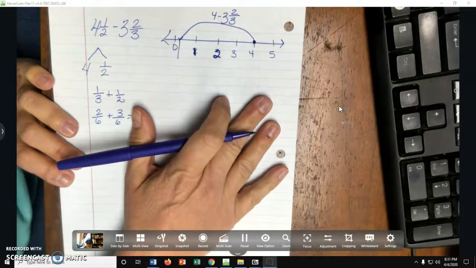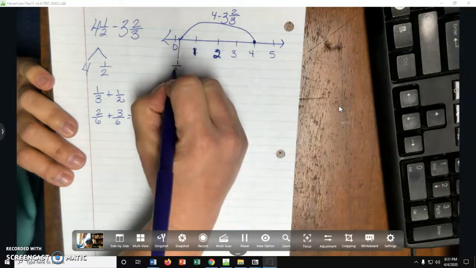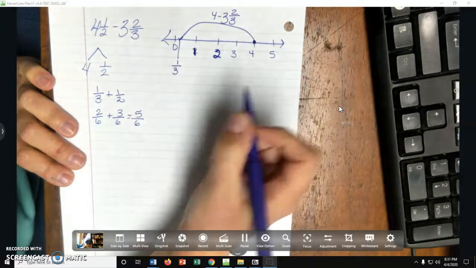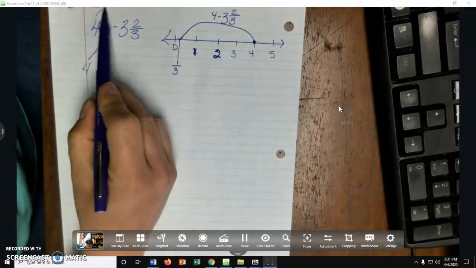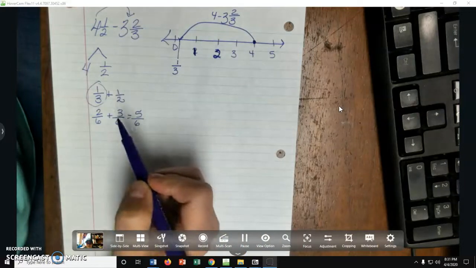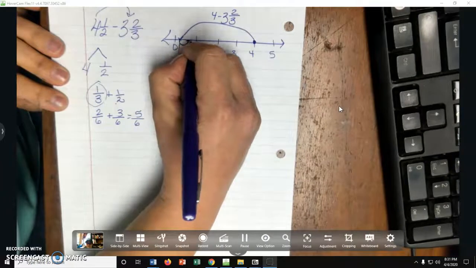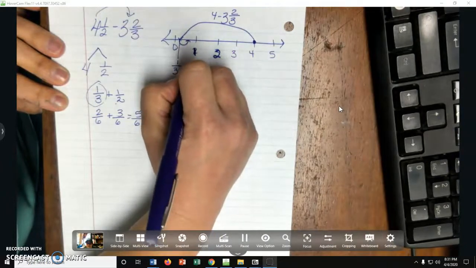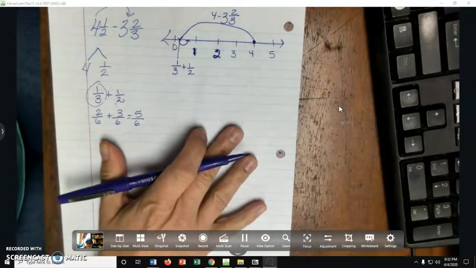We take 3 and another 2/3 away, we're left at 1/3. So here we have the 4. We took away the 3 2/3. That left us with the 1/3. Then we have to add the 1/2 back on.